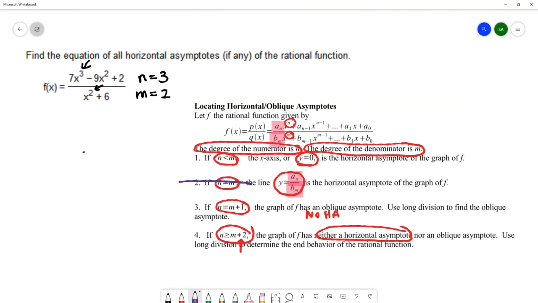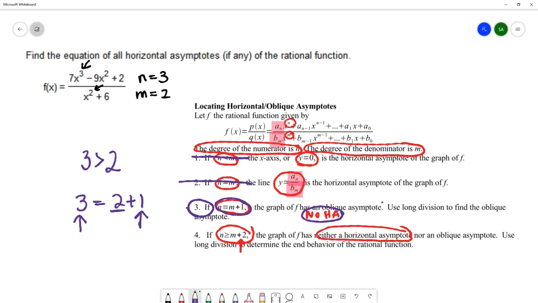And if we compare 3 and 2, 3 is more than 2, so we can rule out that case. And then we can see this one, it matches. 3 is 2 plus 1. The degree of the numerator is 1 more than the degree of the denominator. So in this case, we have no horizontal asymptote.